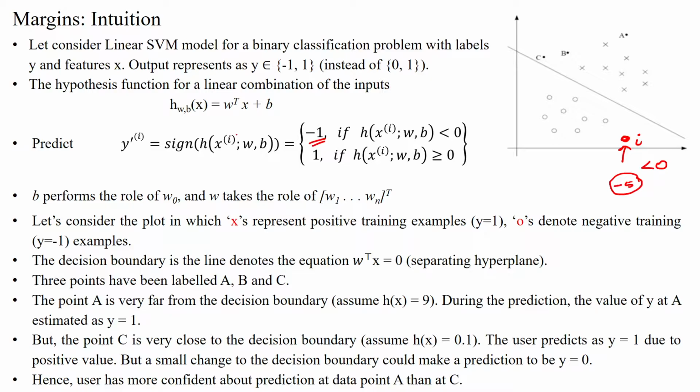this data point belongs to the negative class. Suppose we take another sample, say sample number 3, x of 3 with respect to parameters w comma b. If it is predicted as +1, which is the hypothesis of h of x of i, that is, if it is greater than or equal to 0, it is assumed as positive 1.